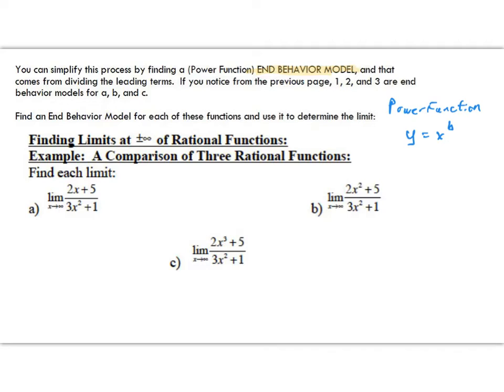Okay, so let's start with this first one right here in A, and the leading term upstairs is a 2x, and the leading term downstairs is a 3x squared. So what I'm going to do is take that 2x over 3x squared, and reduce it down, and when I cut down that power of x, my model is 2 over 3x.